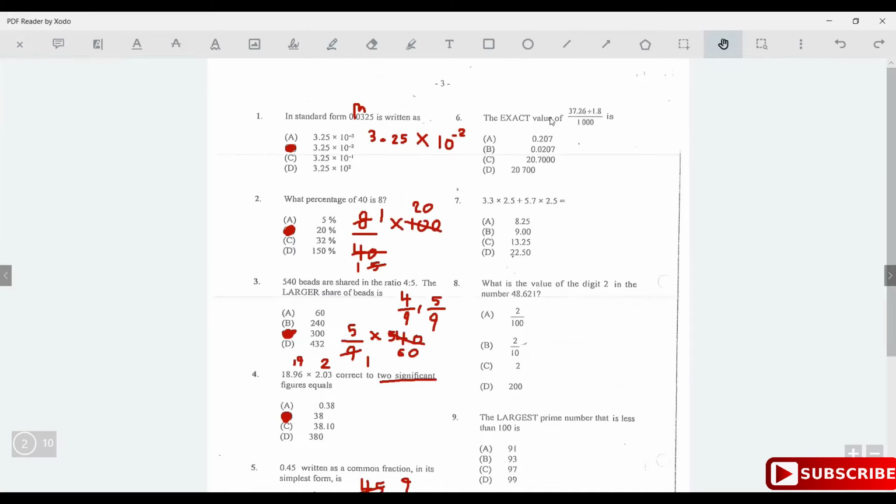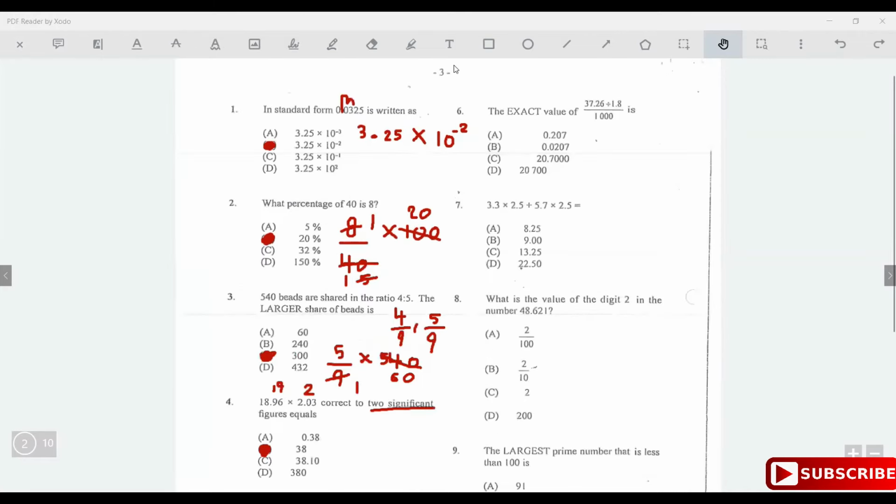All right, moving right along, we go to question 6. It says, what is the exact value of 37.26 divided by 1.8 over 1,000? The exact value. Now, even without working out this question, this is how I want you to see it. Think of 37.2 as just 37, and look at this as 2.